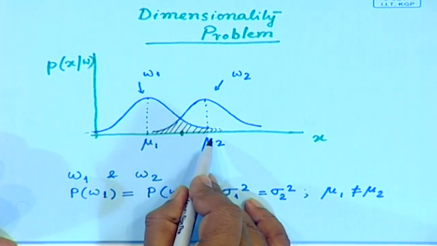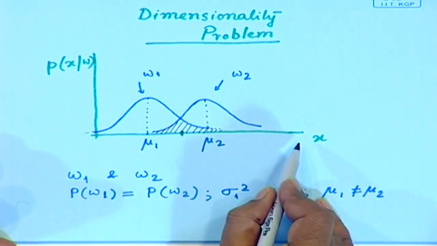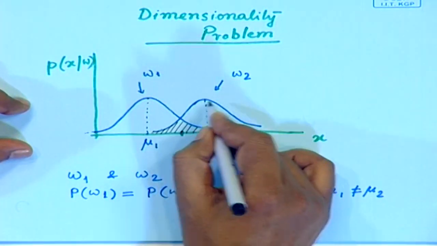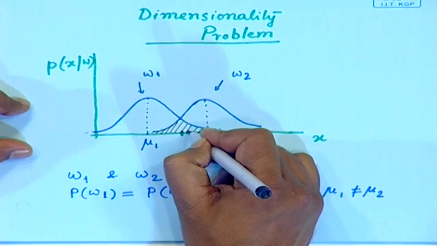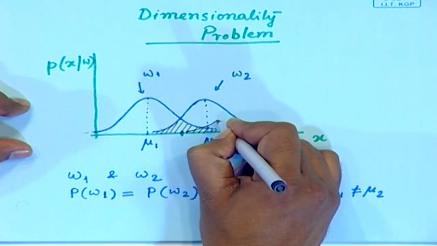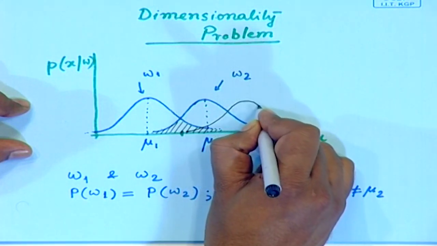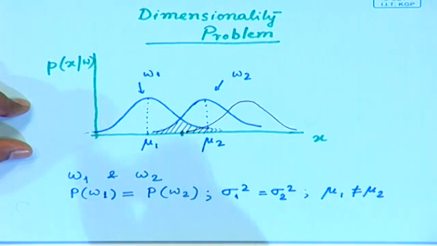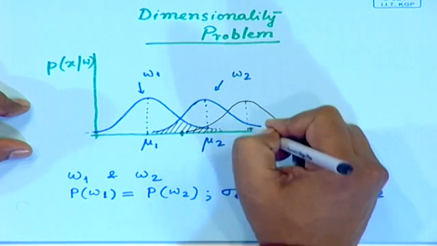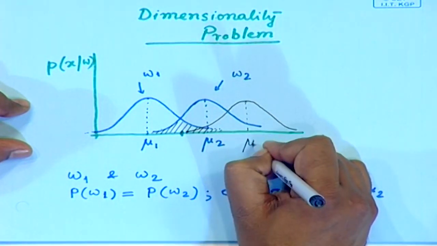Now, find that if I shift this mu 2, that is instead of mu 2 being here, suppose the probability density function for class omega 2 is something like this, and this becomes my mu 2.